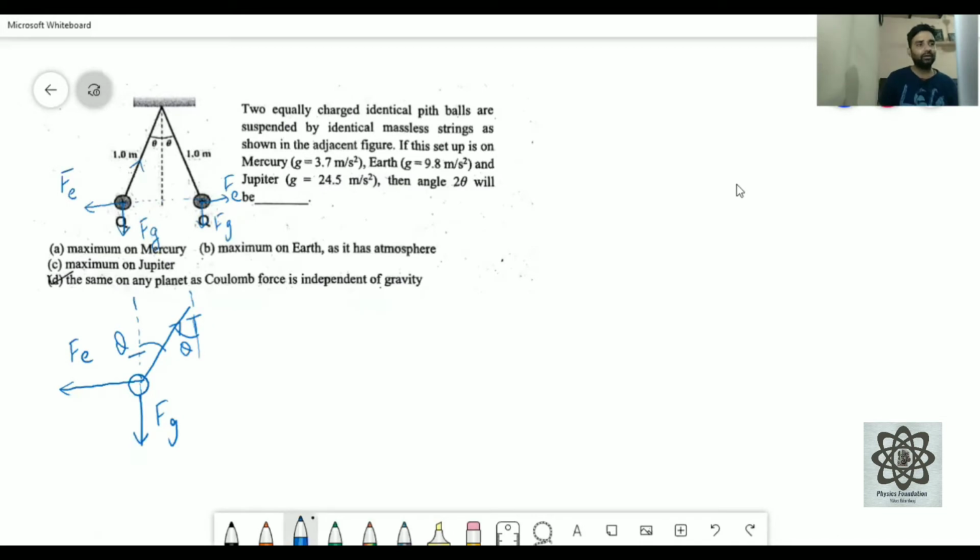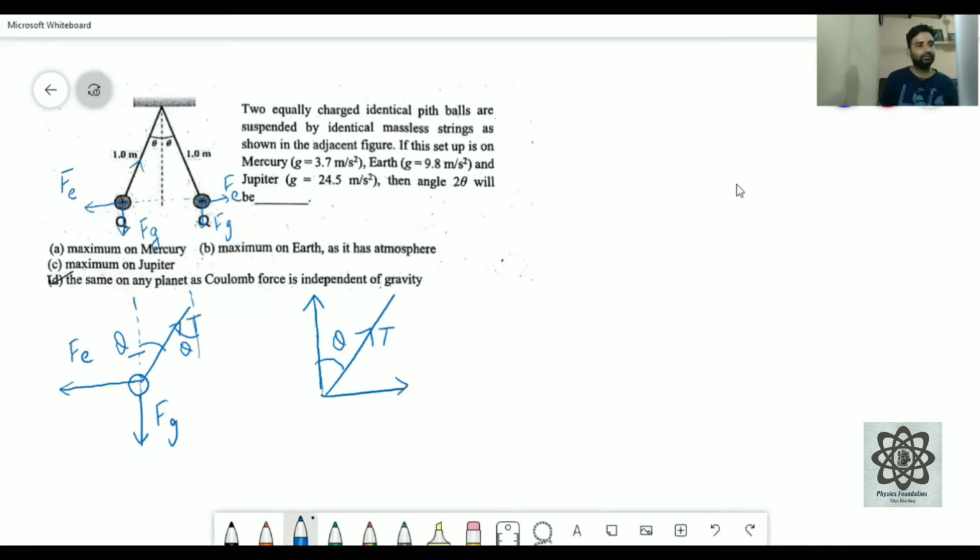Now for these two forces to remain in place, for this bob to remain at this angle, the components of tension must be equivalent. What I'm saying is, this tension is divided into two parts, one is this and the other is this.